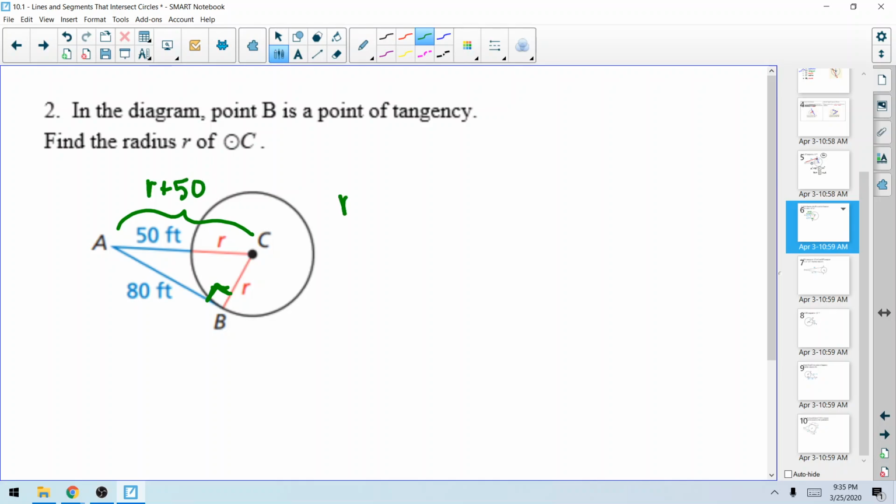So we're going to do r squared plus 80 squared equals, in parentheses, r plus 50 squared. Now we have to solve this. r squared plus, I believe that is 6,400, but I'm going to check it. Yep, 6,400 equals r plus 50 squared.